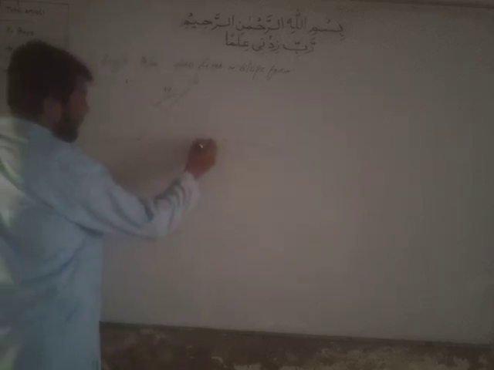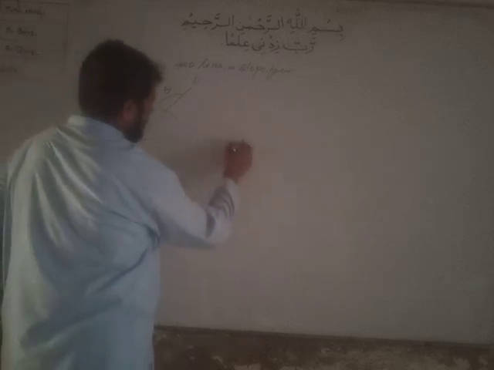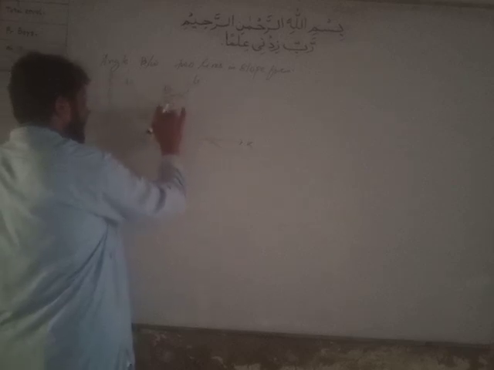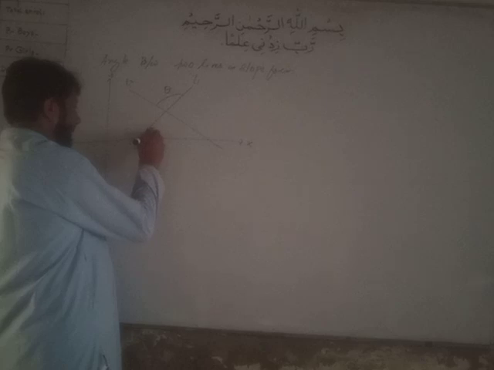So this is the x-axis and this is the y-axis. Here we can say this angle and this angle are vertical opposite angles, so this is also the angle theta. Here this is the angle alpha 2 and here is the angle alpha 1.